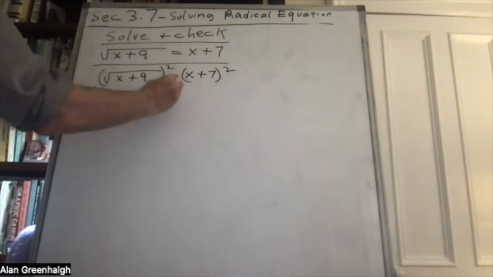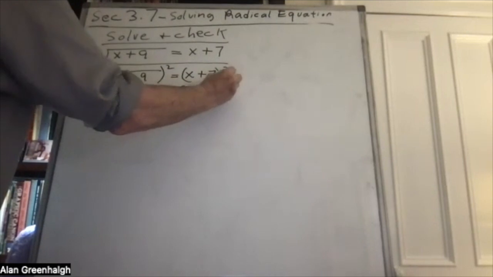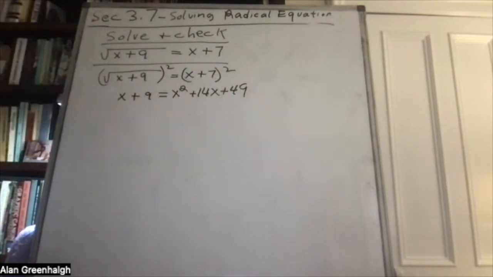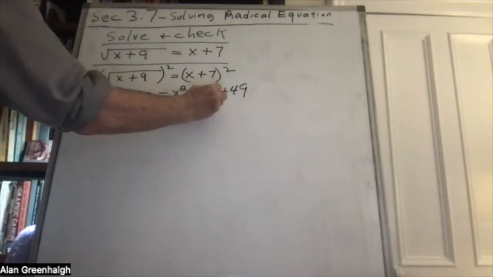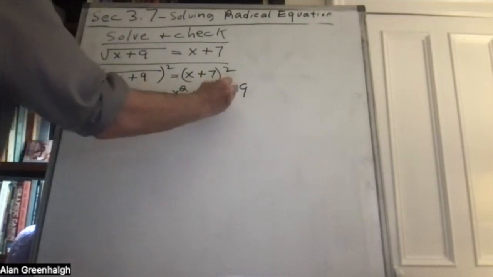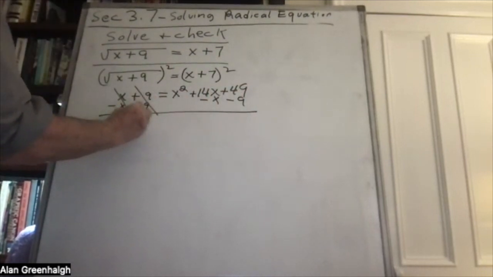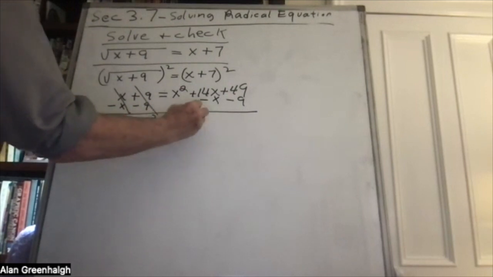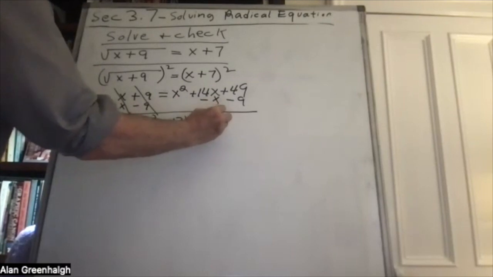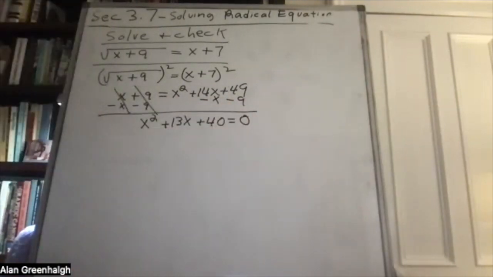That has to be squared, and let me do it quickly. Then let's bring over the x and the 9. x squared plus 13x plus 40 is equal to 0.